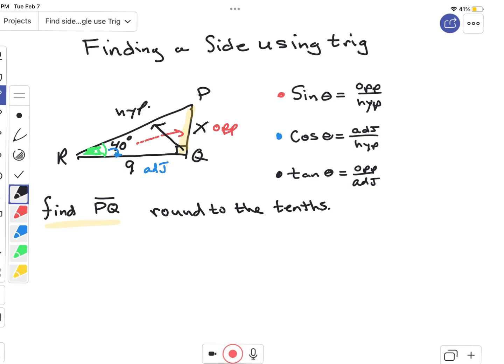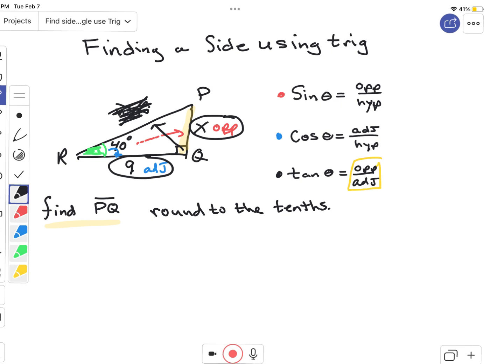We want x in our equation, so we need something that's the opposite side, and we need 9 in our equation, because we don't know anything about the hypotenuse, right? So we need sine, cosine, or tangent. Which one has opposite and adjacent in it?